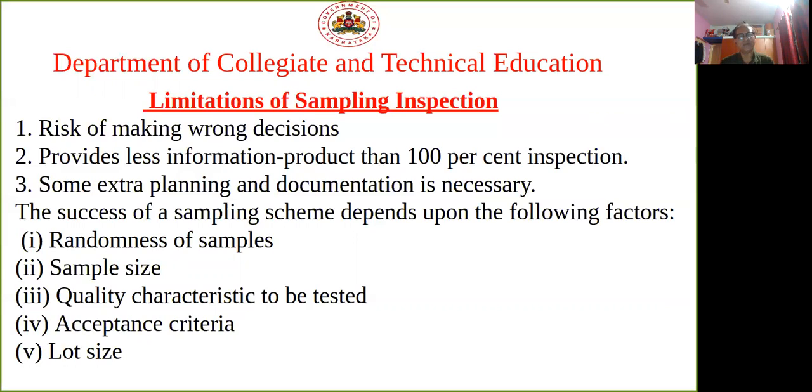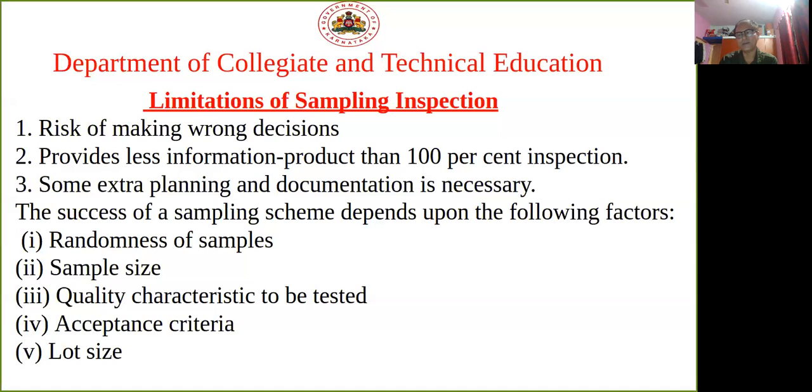The second disadvantage or limitation of acceptance sampling inspection is that it provides less information about the product than 100% inspection, because here, in a short period of time, he is going to inspect only a few items, where he will not get all the information. He is not going to study all the characteristics or properties of the product. Whereas in 100% inspection, it is not like that.